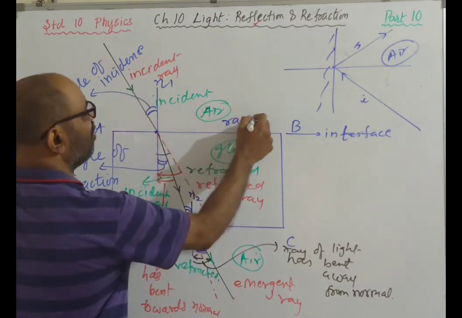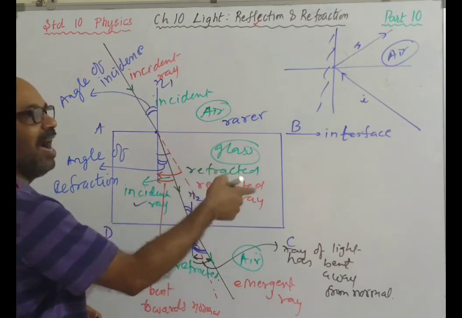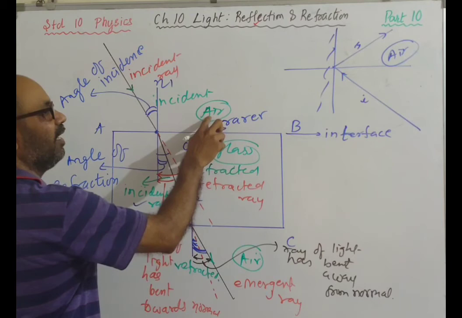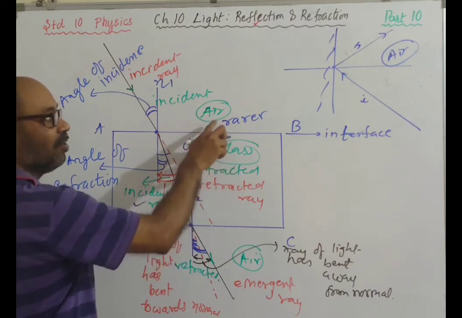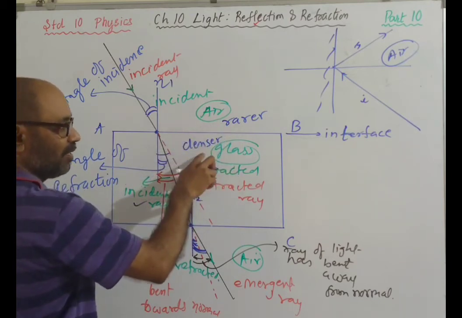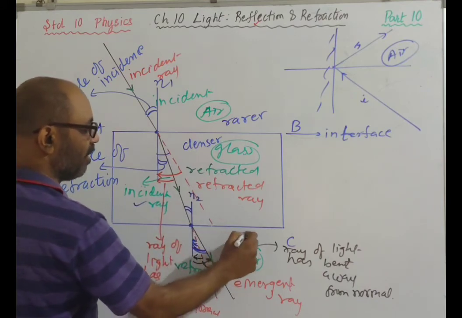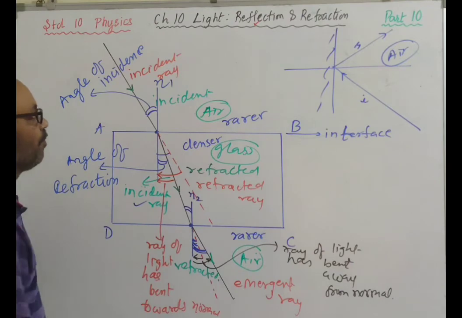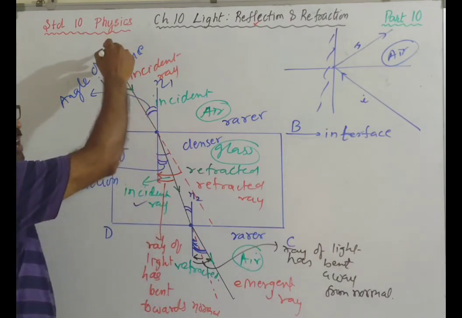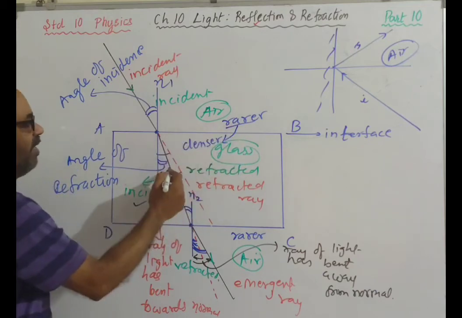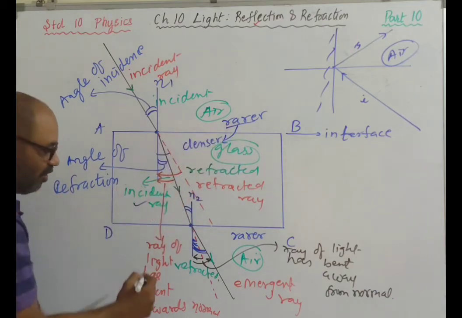Air is a thinner medium, so a rarer medium. Glass is a thicker medium, so a denser medium. Air is thin and glass is thick, so air is a rarer medium, glass is a denser medium, and again air is a rarer medium. So the second law: when a light ray travels from a rarer medium to a denser medium, it bends towards the normal.